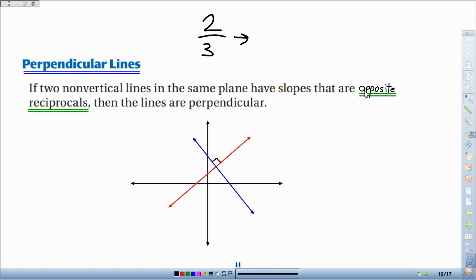If it's positive, it turns negative. So if this is a positive 2 over 3, it's going to turn into a negative. And the reciprocal is us just flipping the fraction. So 2 over 3 turns into 3 over 2. I'm sorry, there should be a minus sign in there. So those are opposite reciprocals. We change the sign and we flip the fraction. That's what it's all about.